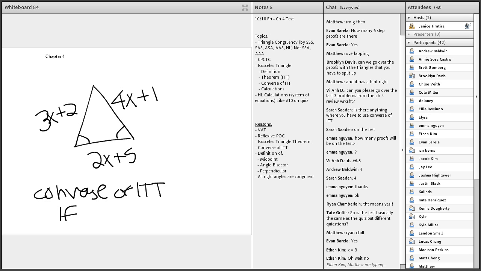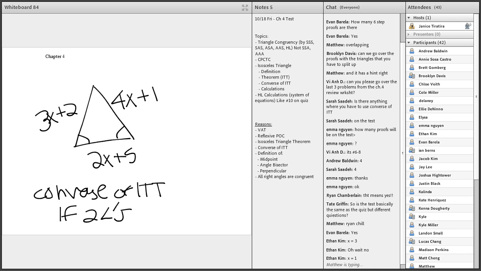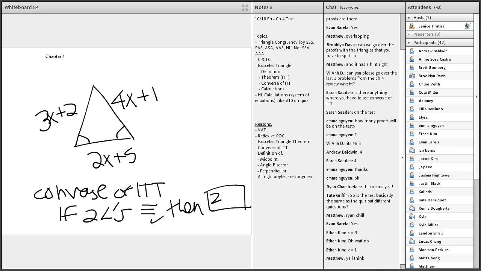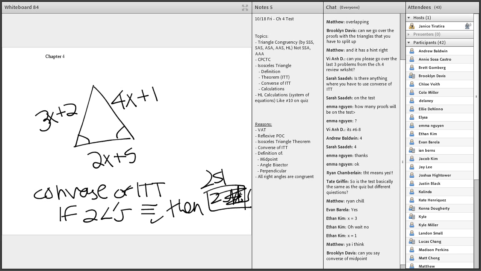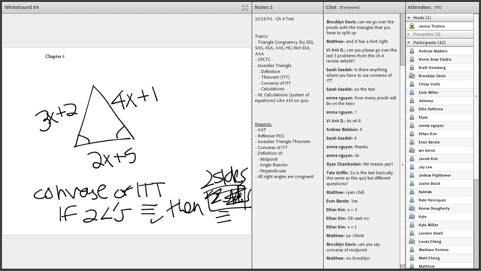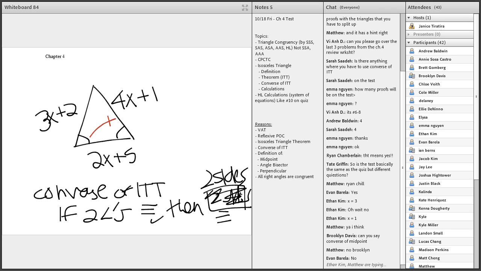If 2 angles are congruent, which they are in the picture, then the conclusion will be 2 sides are congruent. Which sides? They have to touch those angles. It's going to be across from each of those angles.